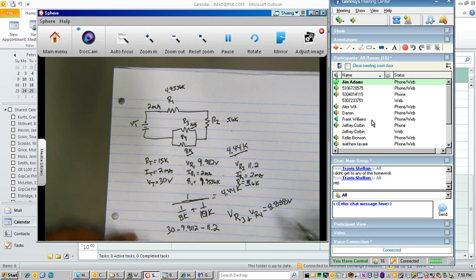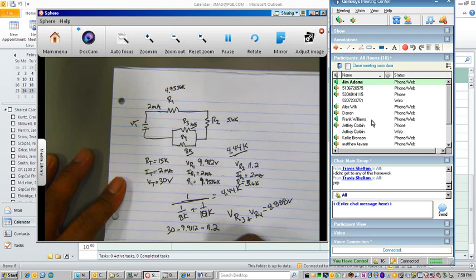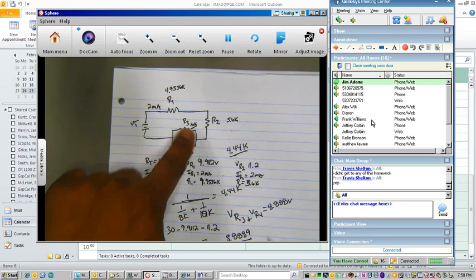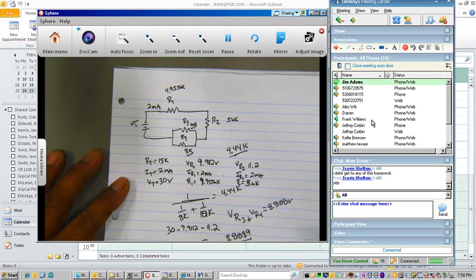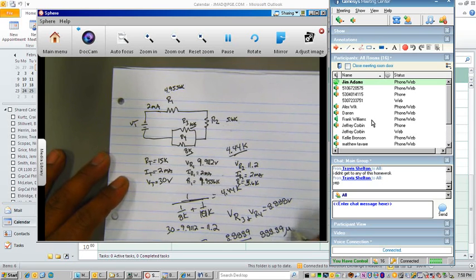So, if our total voltage is 30 volts, R1 drops 9.912, and R2 drops 11.2, what's left across R3 and R4? It would be 30 minus 9.9112 minus 11.2, right? Remember Kirchhoff's voltage law.